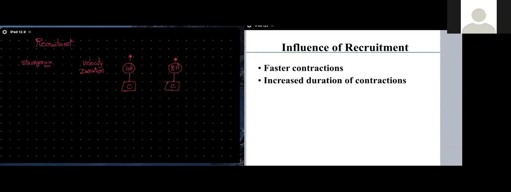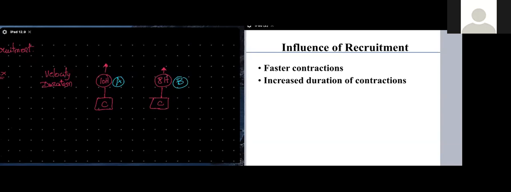The cart pulled by 10 horses, or the one pulled by 8 horses? Which one is going to be faster? The one that has more horses pulling, right?